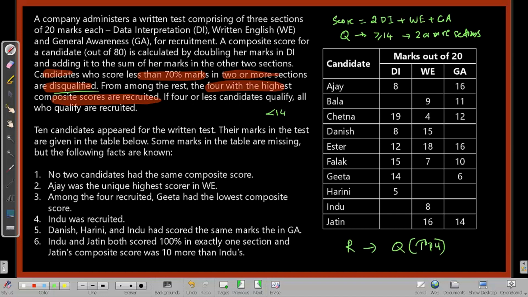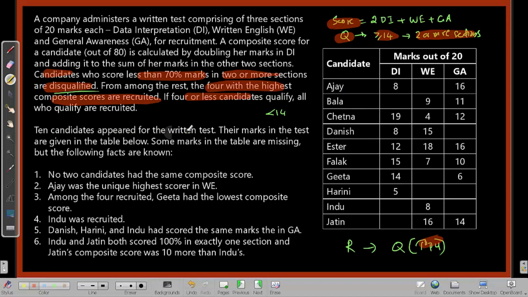The top 4 of those who have qualified get recruited, and it says if 4 or fewer candidates qualify, all who qualify are recruited. So the maximum number of people who can get recruited is 4. So there are 3 pieces of information that you have to go with. One is the score. Second is those that qualify, that is greater than or equal to 14 in 2 or more sections. And then picking up the top 4 candidates who will be recruited.